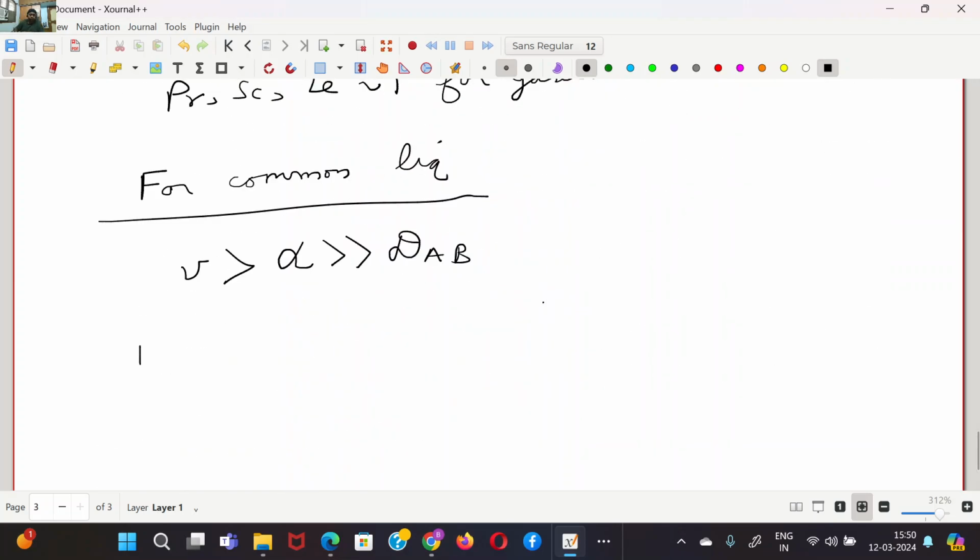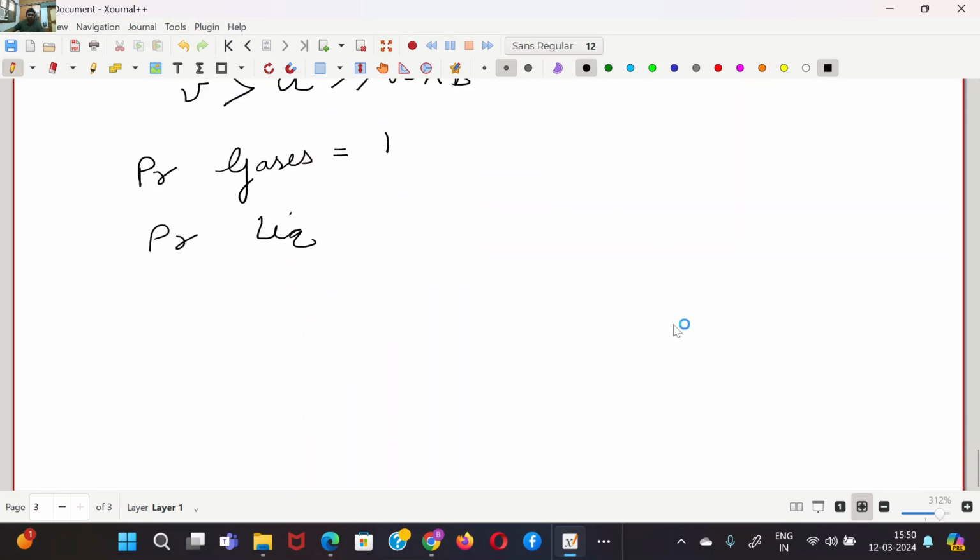So for gases, we already saw that since they're almost equal, Prandtl for gases is equal to 1. Prandtl for liquids, again maybe extra information, but let's make note of it.